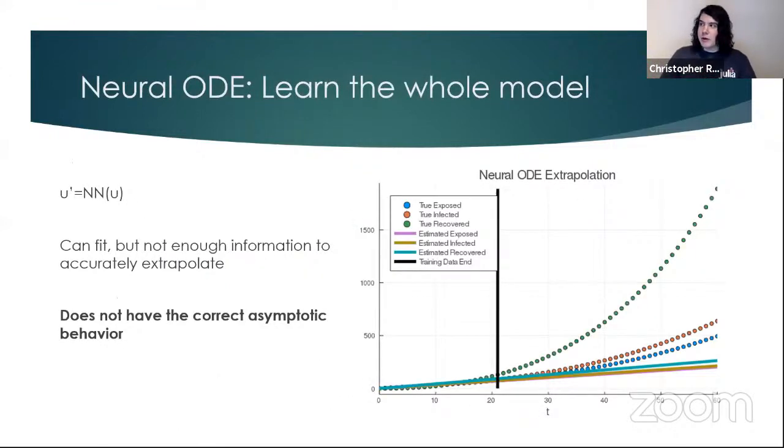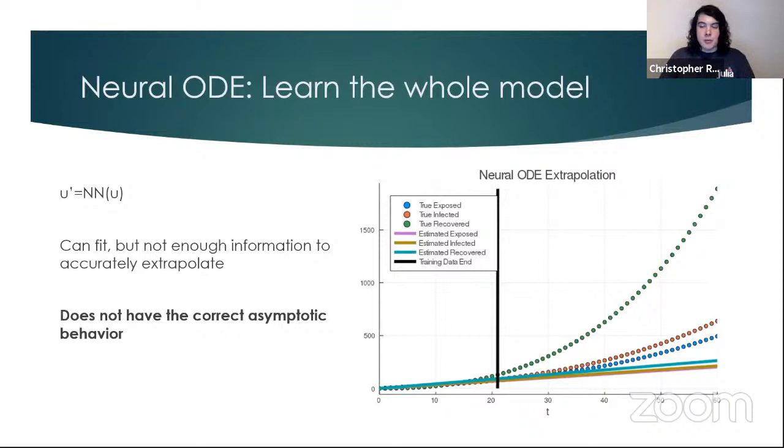So the first thing that you might go to is the neural ODE, right? The neural ODE is a very cool advance in this kind of machine learning field where you say that u prime equals a neural network. Why does this make sense? Well, a neural network, remember, can approximate any possible function. Normally the way that you'd write down a differential equation is you would say u prime equals f of u, right?